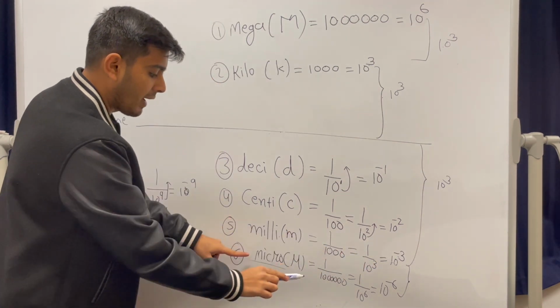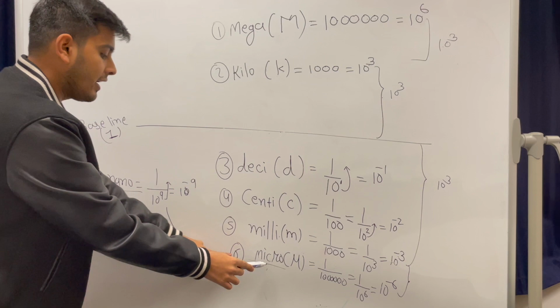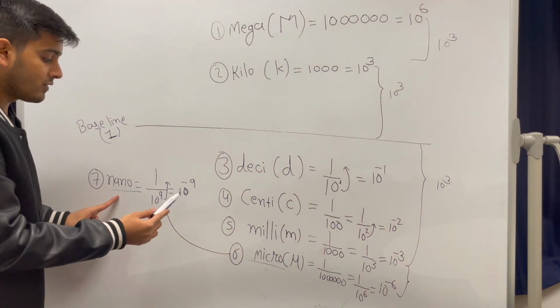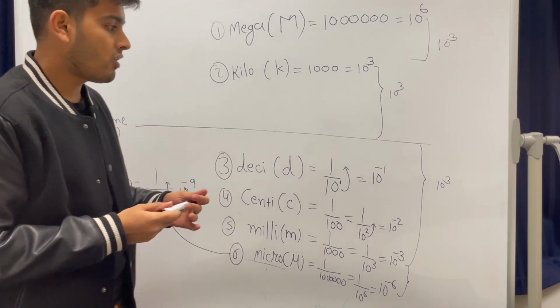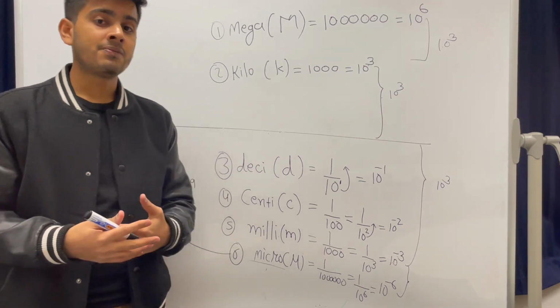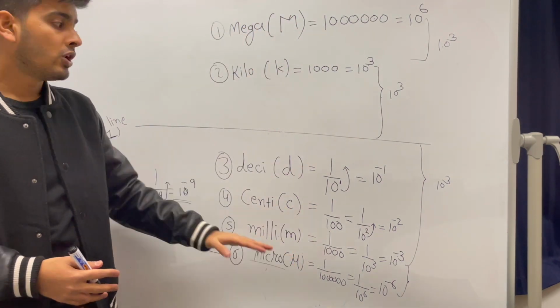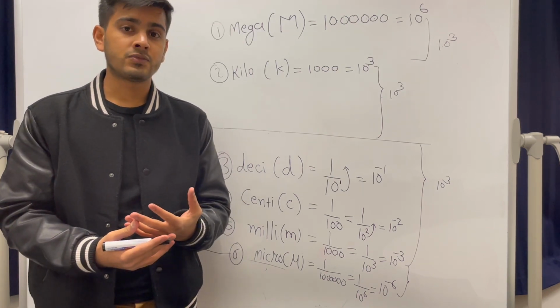Again milli to micro, the power is reduced by 3, so minus 6. Again from micro to nano, the power is reduced by 3, so it will be 10 power minus 9. So there is a trend of 10 power 3 in larger units and in smaller units as well. You can remember it, it will be easy for you to convert units.